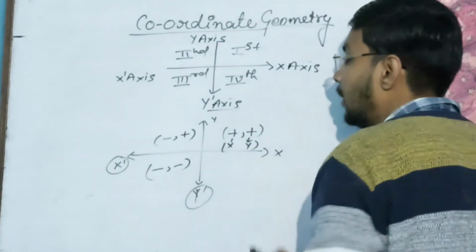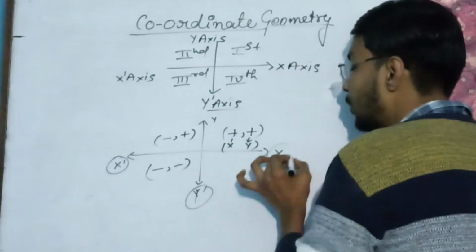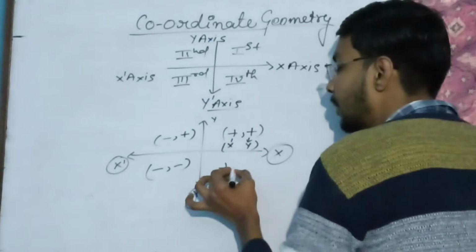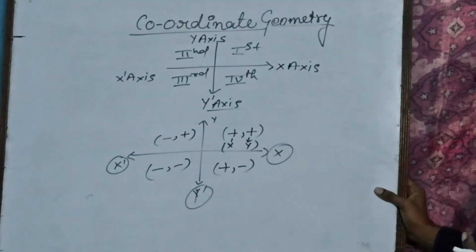Now we come to the fourth quadrant. Here x is positive and y is negative, so the points will be plus comma minus. So here we can find the signs of the points in each quadrant.